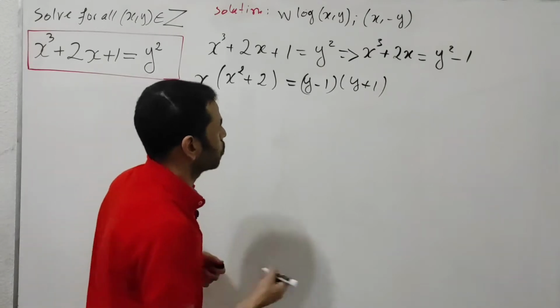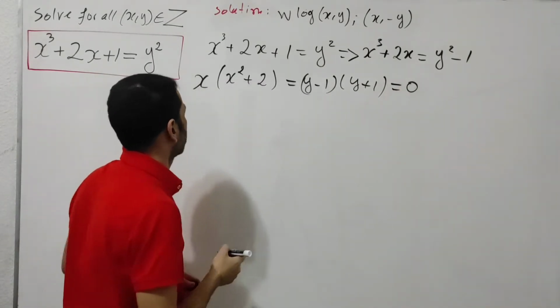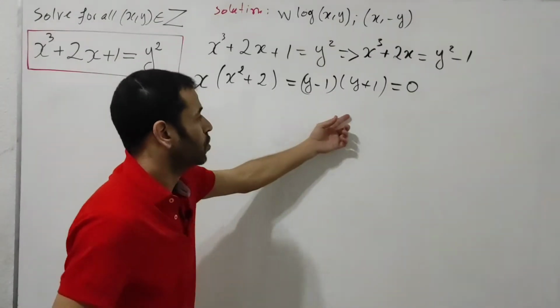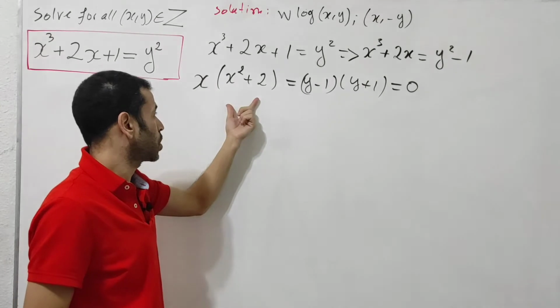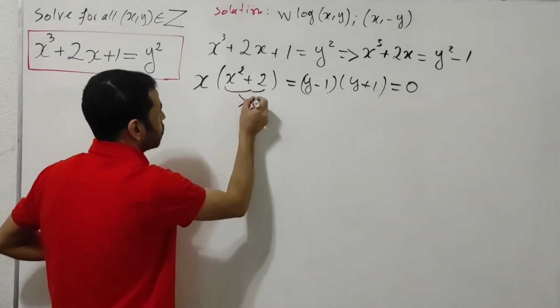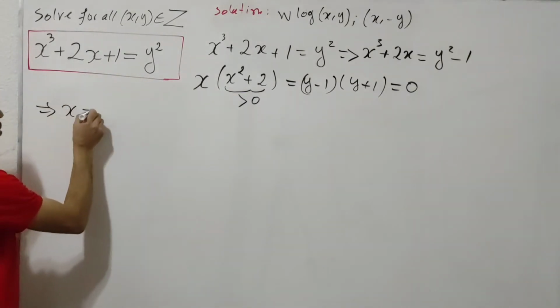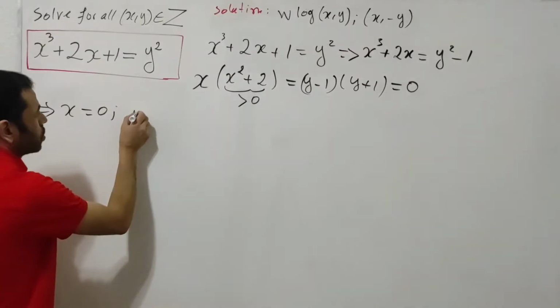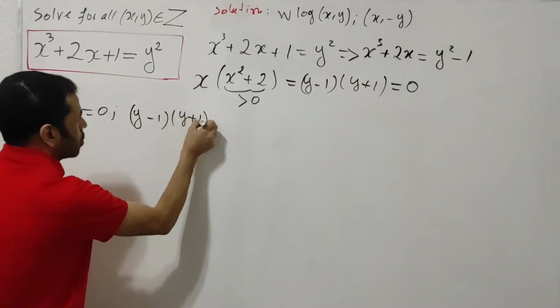So I'm going to put this equal to 0 in order to solve this equation. The right hand side of this equation equals 0, that means the left hand side equals 0 as well. But this term is strictly greater than 0. That means x must be equal to 0, and y minus 1 times y plus 1 equals 0.